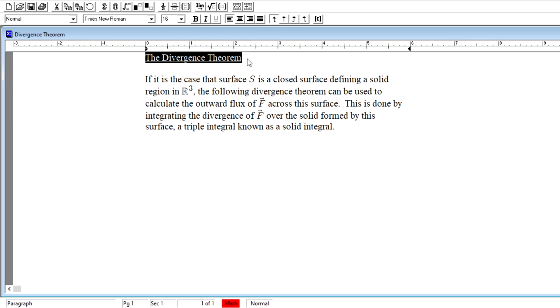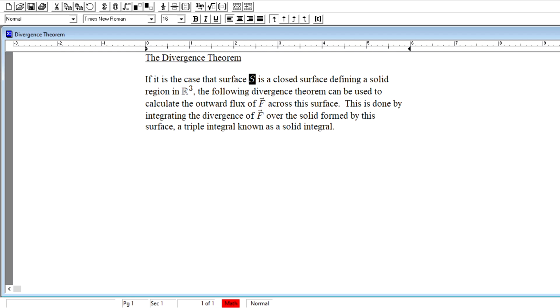What the divergence theorem is, it is a calculation of the outward flux on a surface involving a triple integral calculation when it's the case that our surface is what we call a closed surface, where it defines a simple closed solid or region D that is a solid in three-dimensional space.